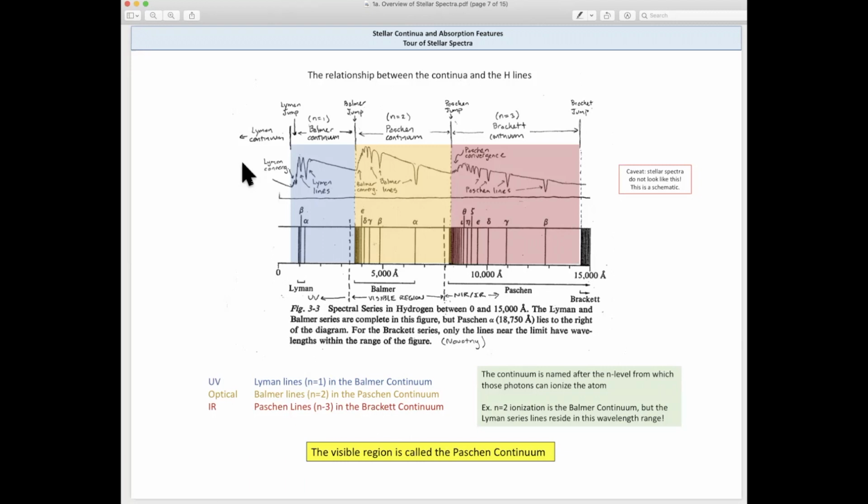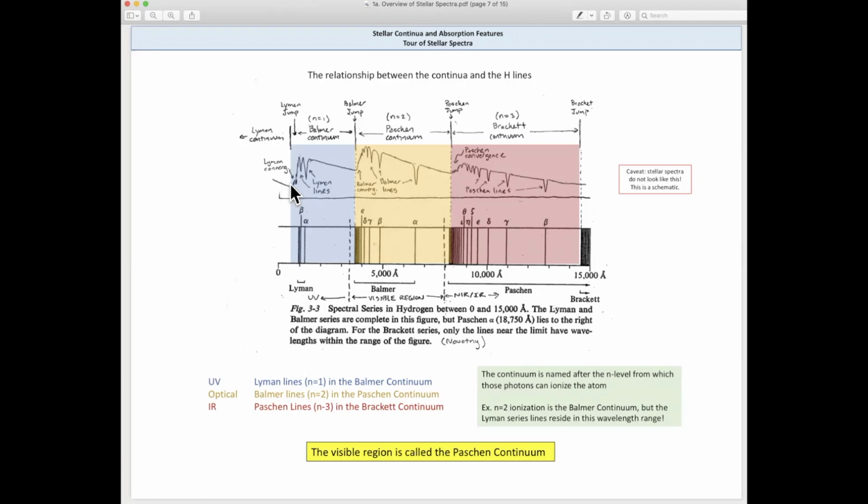Let me say it again. Photons which are capable of ionizing neutral hydrogen that's in the n equals 1 stage, those photons are called the Lyman continuum.